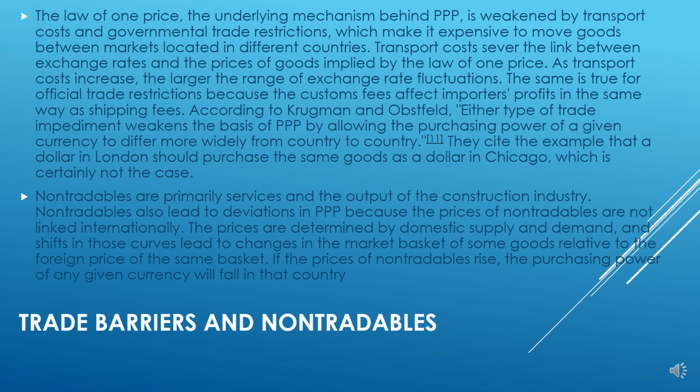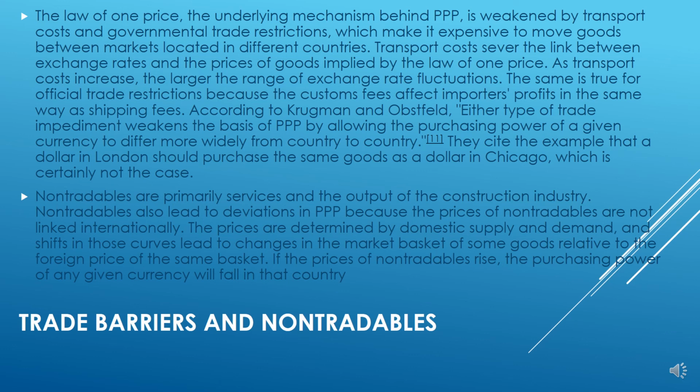So there are trade barriers and non-tradables. The law of one price, the underlying mechanism behind purchasing power parity, is weakened by transport costs and government trade restrictions, which make it expensive to move goods between markets located in different countries. Transport costs sever the link between exchange rates and the price of goods implied by the law of one price.